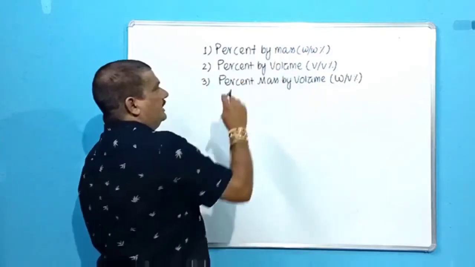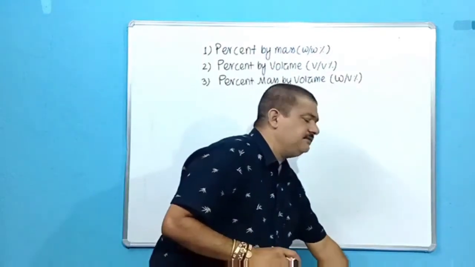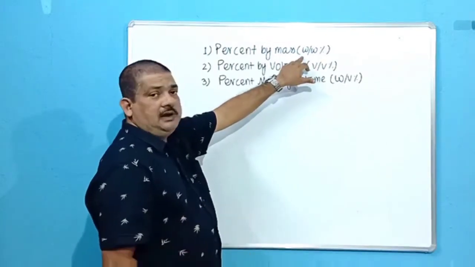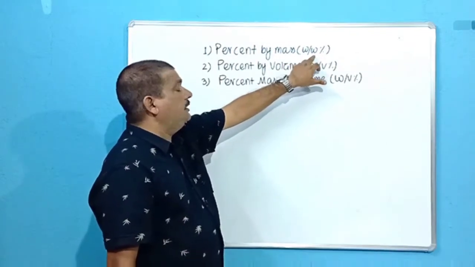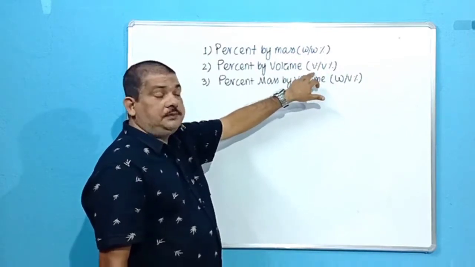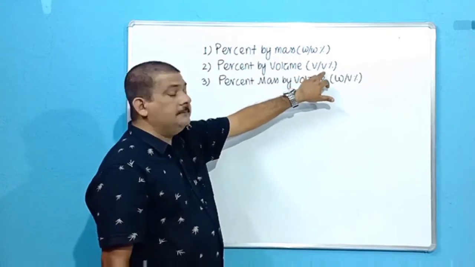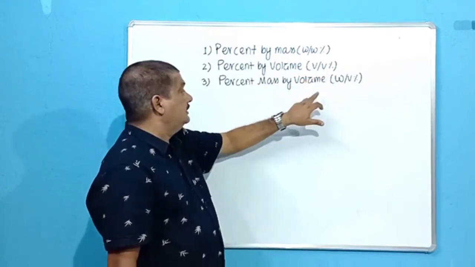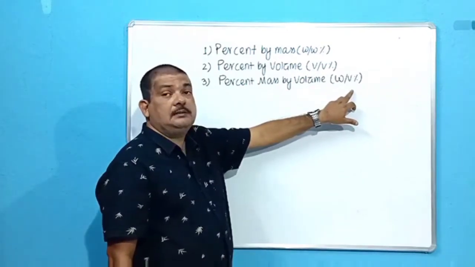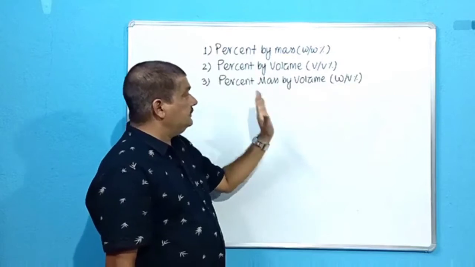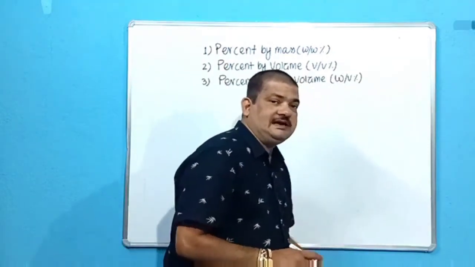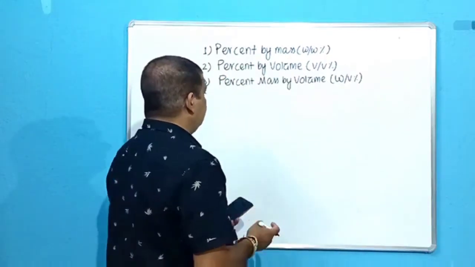So if you simply look at these things, you can define them. This is the mass of solute in grams present per 100 gram of the solution. This is the volume of solute in milliliter present per 100 ml of the solution. This is the mass of the solute in grams present per 100 milliliter of the solution. So simply looking at these things, you can define them. Then I have given you some assignments. So first let us solve those assignments.